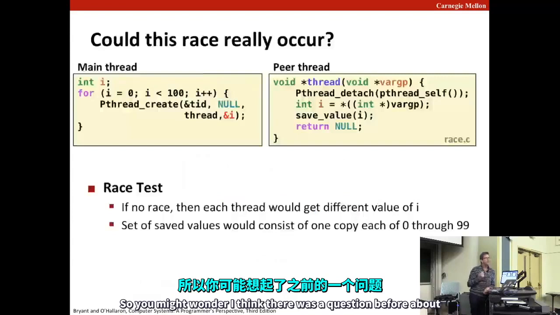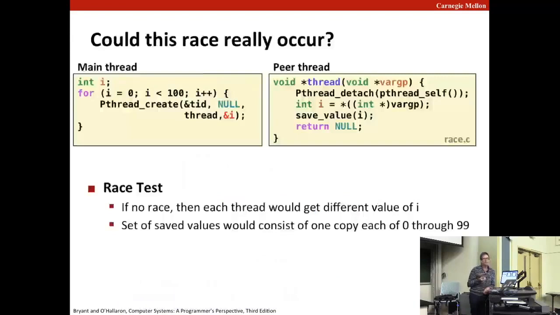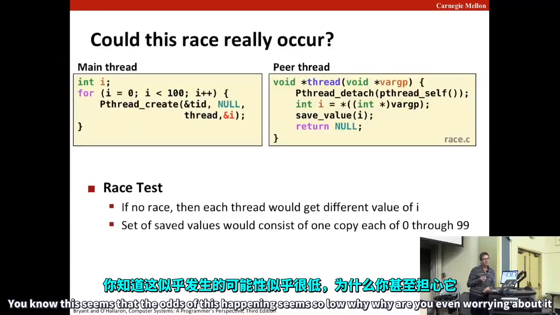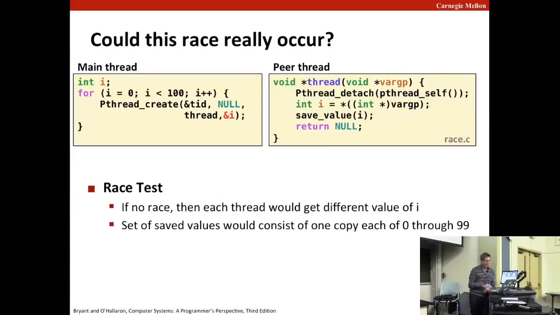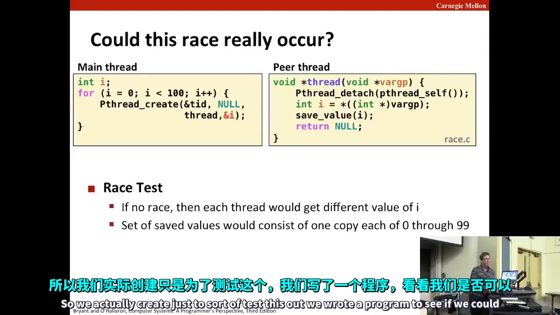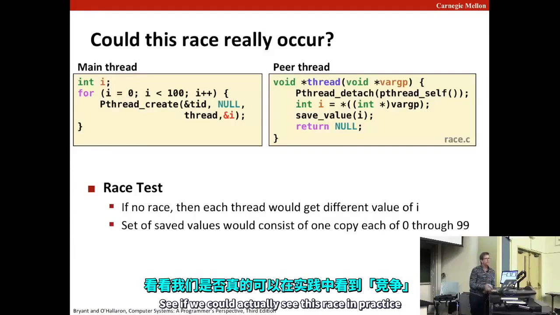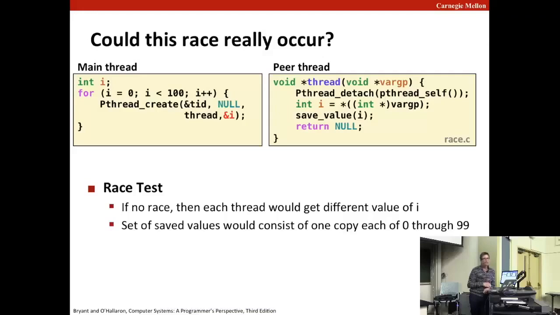You might wonder, and I think there was a question before, that the odds of this happening seem so low, so why are we even worrying about it? Just to test this out, we wrote a program to see if we could actually see this race in practice.